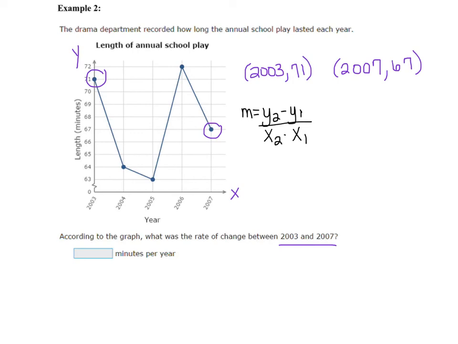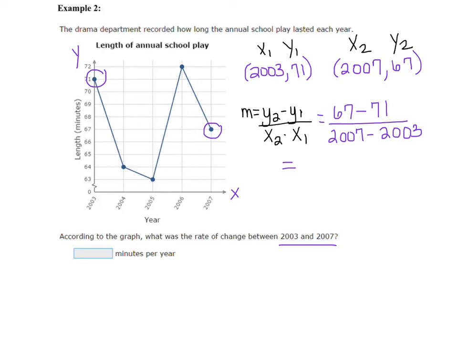All right, label your coordinates. This is our first ordered pair, so x1 and y1. This is our second ordered pair, x2 and y2. So now we're going to replace it. Our y2 is equal to 67 minus our y1 is equal to 71 over our x2 is equal to 2007 minus our x1 is 2003.